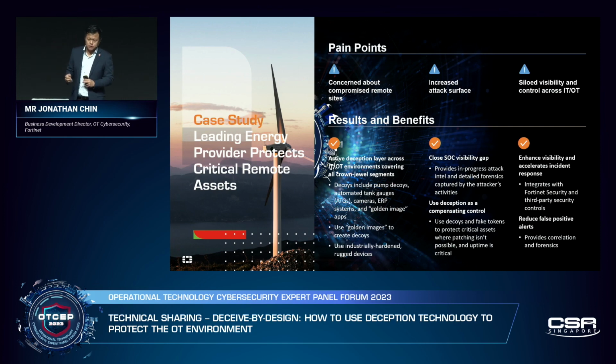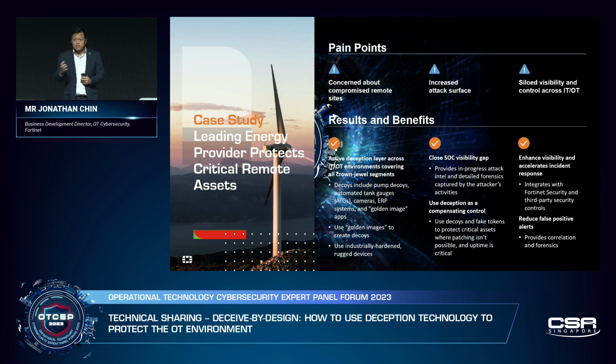The last thing is enhancing visibility and access and accelerating incident response. When you have a defense in-depth strategy, you can use a deception layer, and they used it to integrate with their existing defense in-depth policy and third-party service controls. It is a platform integrated into another platform to reduce false positive alerts, and it gives you a lot of information for correlation and forensics.